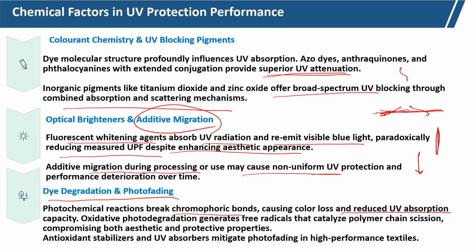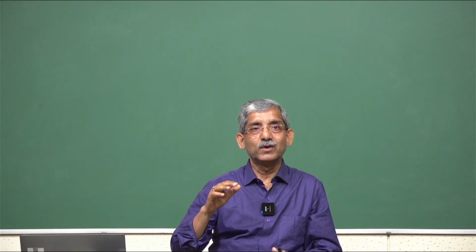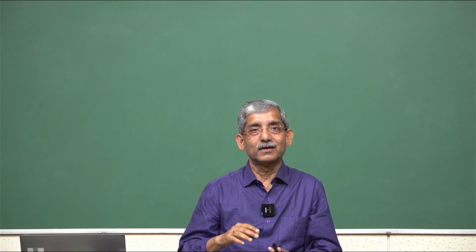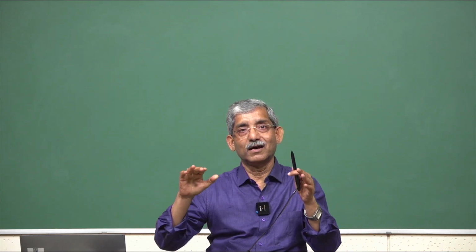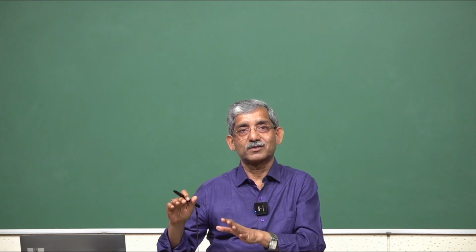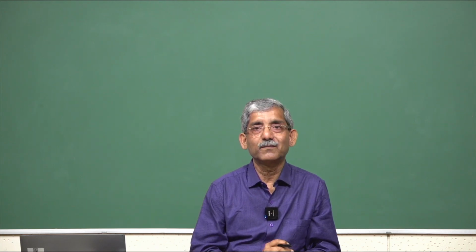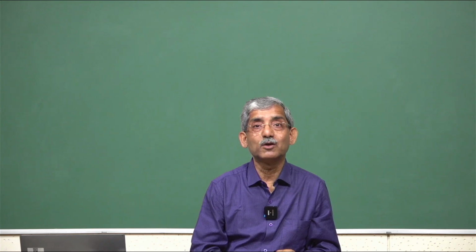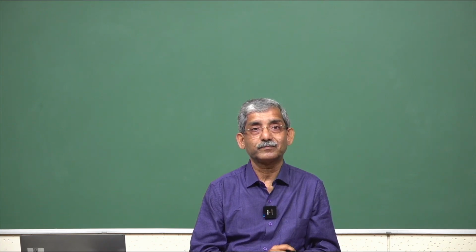When we dye any cloth a dark color, it will absorb the UV, as we have discussed. But during the photochemical reaction, if the dye fades and color value is lost, it will reduce the UV absorption capacity.